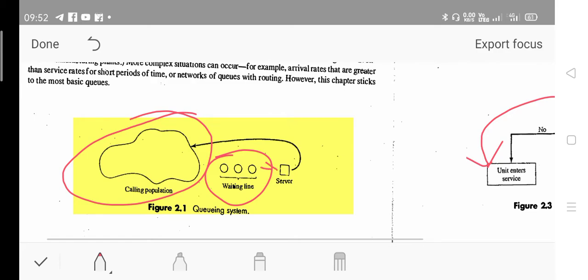One by one people get the service, and once their service is completed they go back to the calling population, and a new customer from the calling population enters the waiting line.